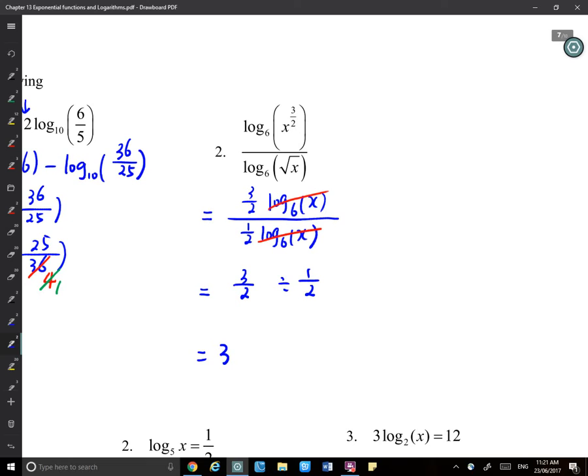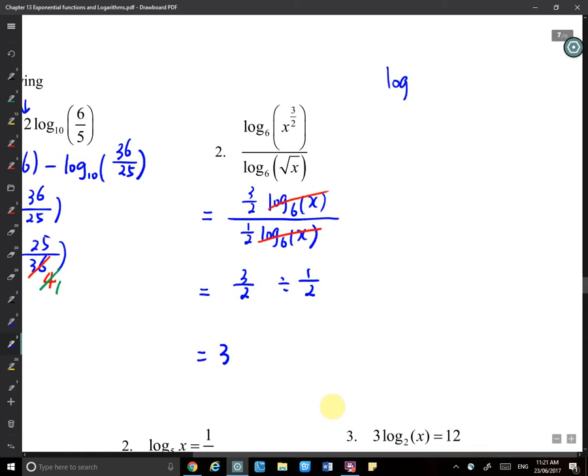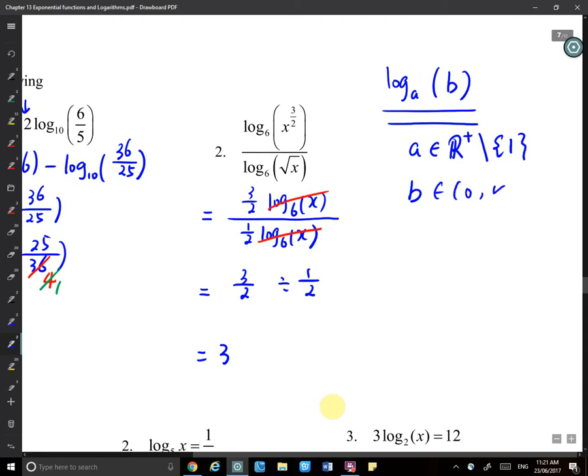Okay, before we start the next one, I just have a little bit of revision on this log. We have requirements on A and B. A can belong to all the positive numbers except 1, so A belongs to R plus except 1. And B must belong to 0 to infinity. It's all positive numbers, or I can simply say that's R plus, or say 0 to infinity.